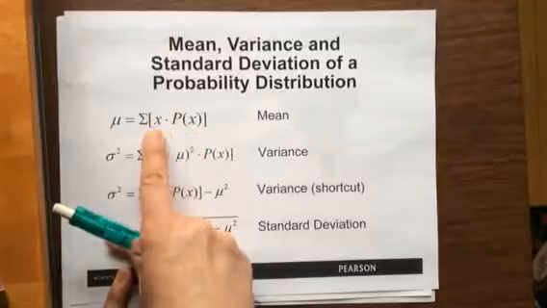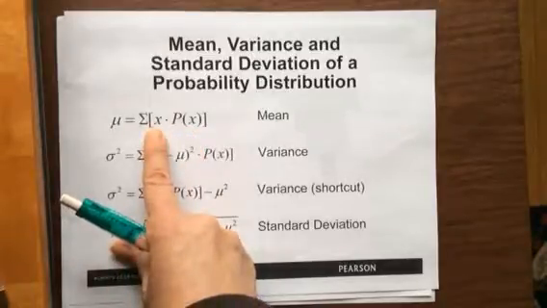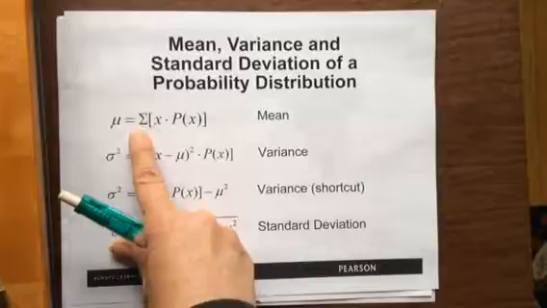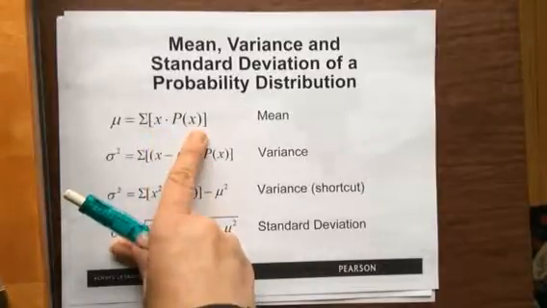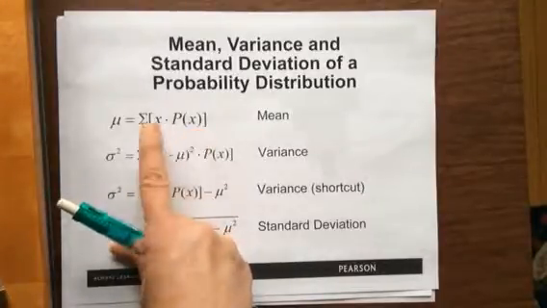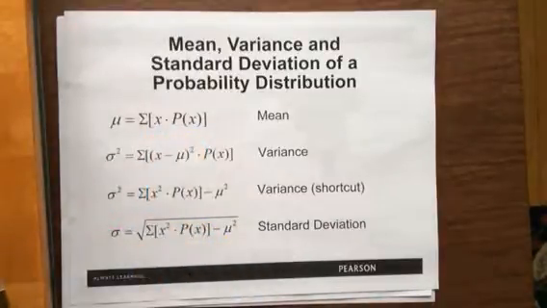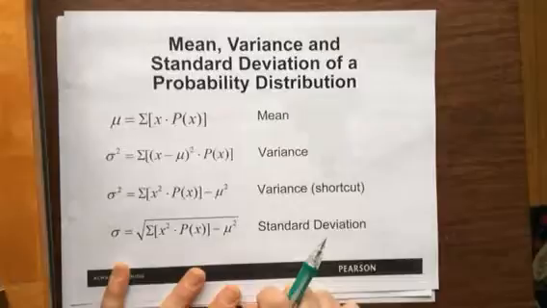What we're going to do is take the value for x times its associated probability, and then add it to the next value of x times its probability, and then add it to the next value of x times its probability, and when we've added them all up, we'll have the mean.